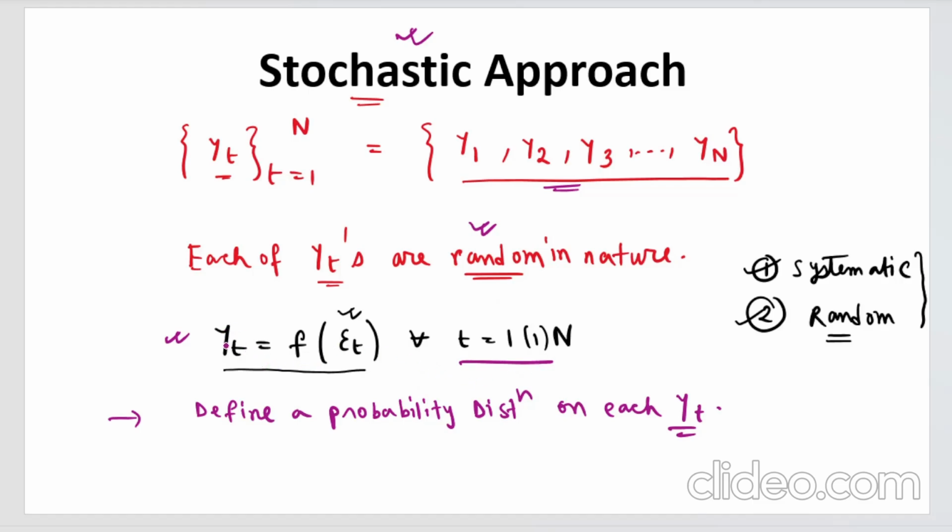We'll say that each yt can be written using a function of epsilon t for all t from 1 to n. And since yt is random in nature, we are able to define a probability distribution on each of these yt's.